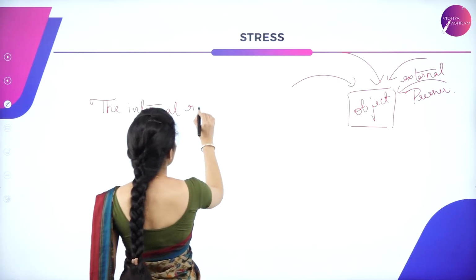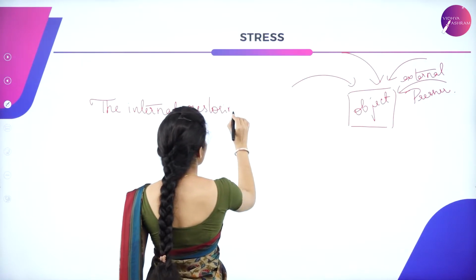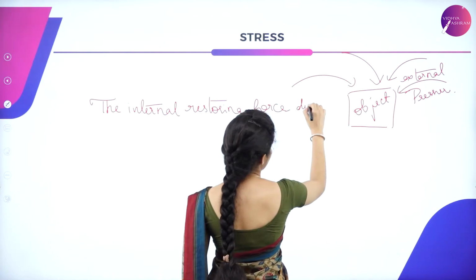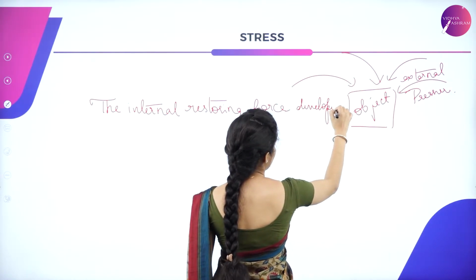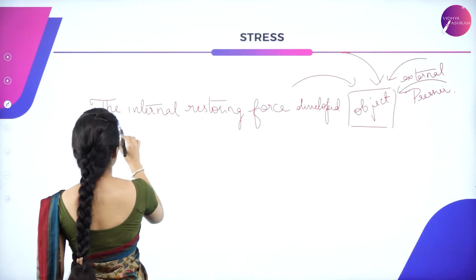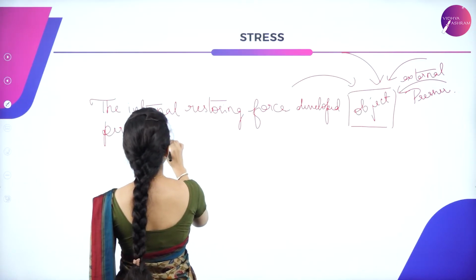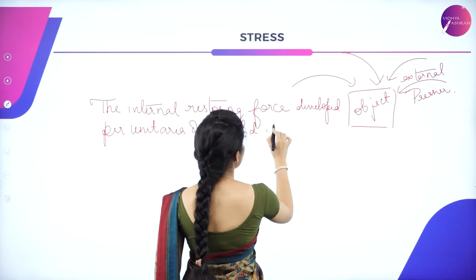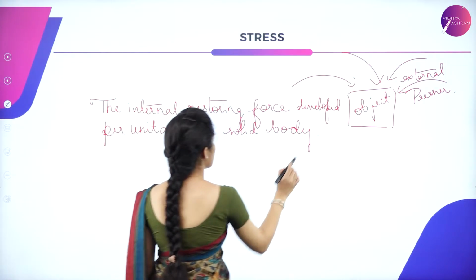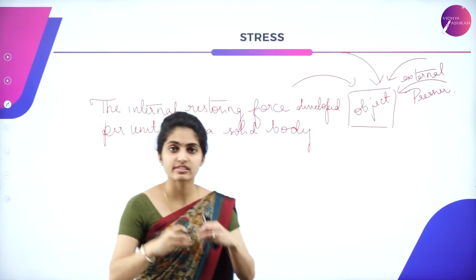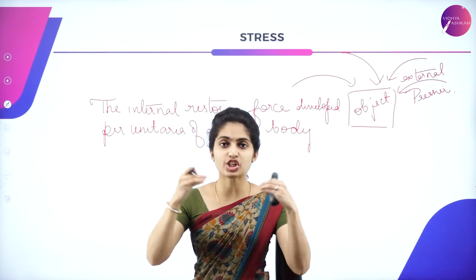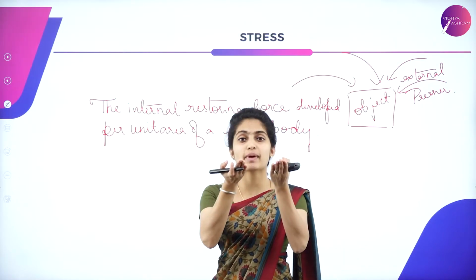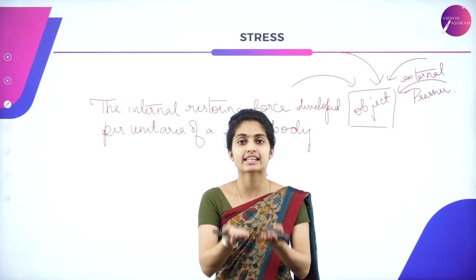So stress means the internal restoring force developed per unit area of a solid body. Whenever you apply a deforming force on an object, the object undergoes deformation and gets back to its original position, that is, it is restored back.